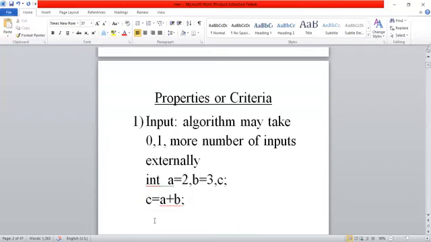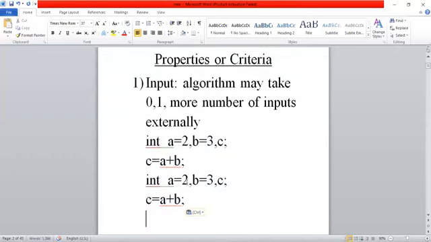Suppose we take the same example, and instead of supplying elements, if you simply declare the variables, I'm not writing programming statements here, but between the declaration part and c equal to a plus b, some more statements are required. Those statements are used for reading the A and B values. How many elements are required here?